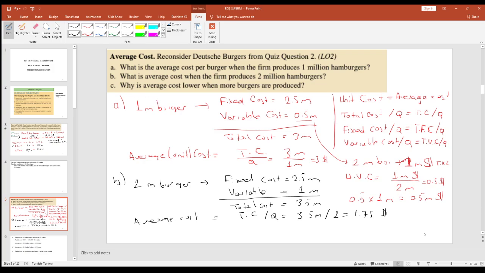So C asks you why we have $1.75 as an average cost, and compare this figure with the $3 and why it is lower. So the answer is this.